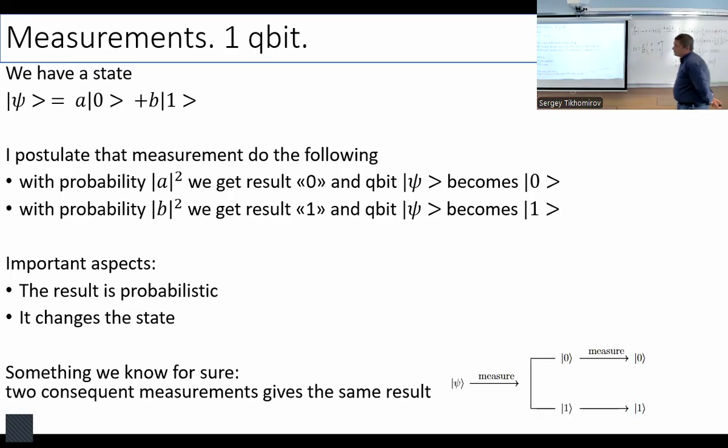And in particular, we can say something for sure: if we do two measurements consecutively, we always get the same result, which is natural, like if you think about a classical system. If you measure two times, you get the same result, and here it is true. Even though you don't know this result, it is still the same. So you still can prove some statements.